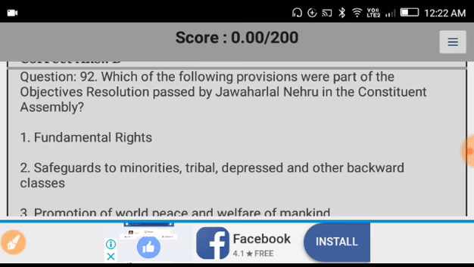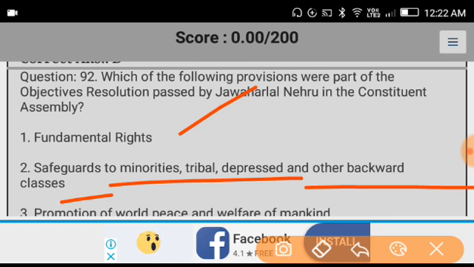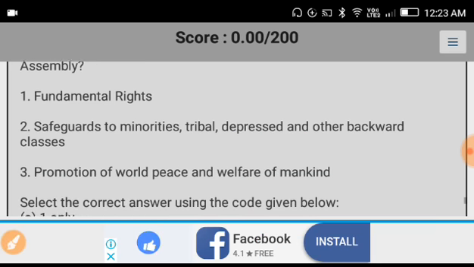Fundamental rights are part of the objective resolution passed by Jawaharlal Nehru. Second, safeguards to minorities, tribals, and depressed and other backward classes are part of the objective resolution as well.